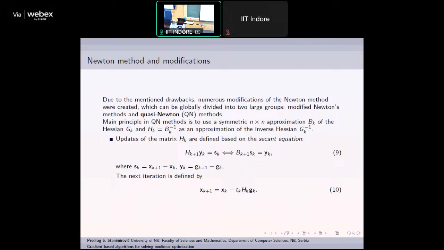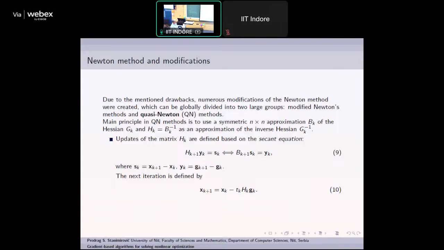And here is the requirement how to approximate the inverse of the Hessian. s_k is the difference between two iterative points. y_k is the difference between two successive values of the gradient.